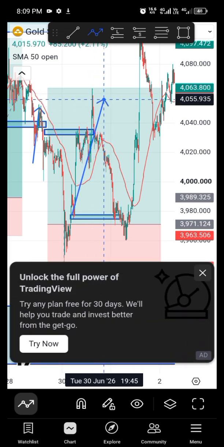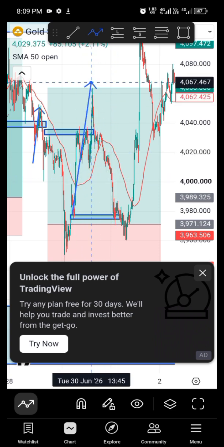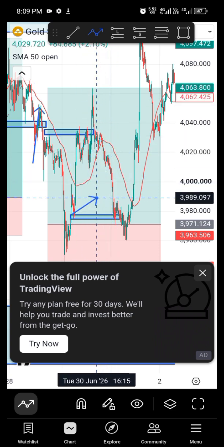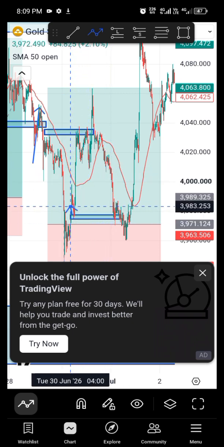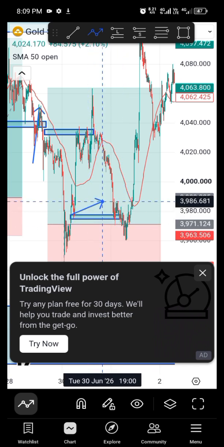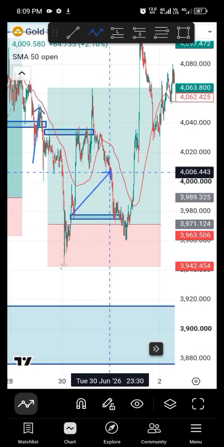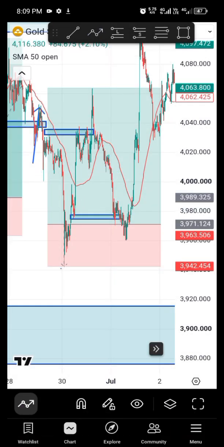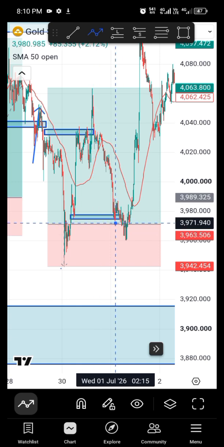So I waited for the price to come down to this point to take out this particular zone here, tapping into this order block or fair value gap, whichever one you want to call it. That's the perfect time I entered. This was where I entered.